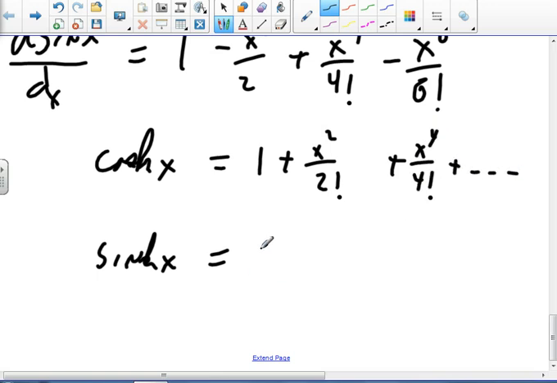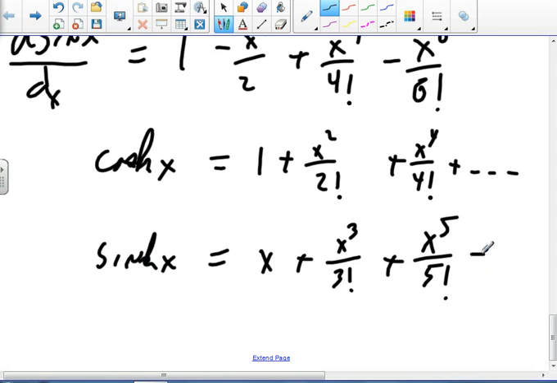And hyperbolic sine, I end up with x plus x cubed over 3 factorial plus x to the 5th over 5 factorial. And when I take the derivative of the hyperbolic sine, I'm supposed to get the hyperbolic cosine. And when we take the derivative of hyperbolic cosine, I'm supposed to get the hyperbolic sine, and I do.